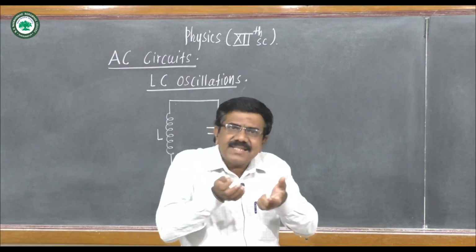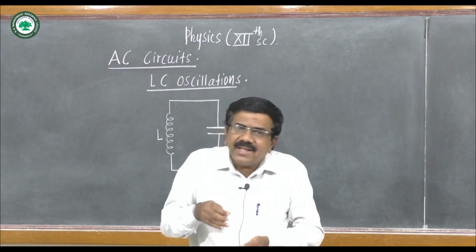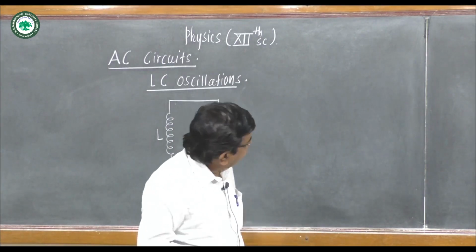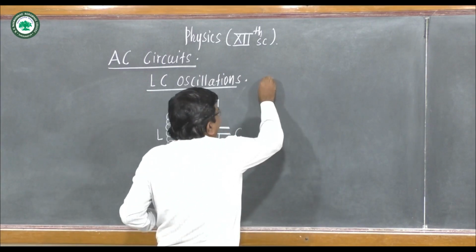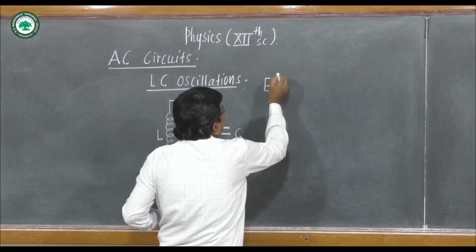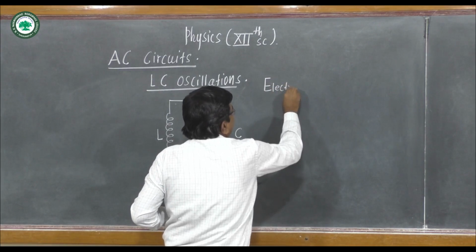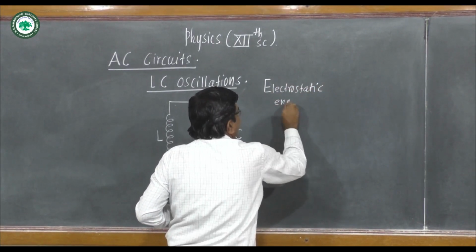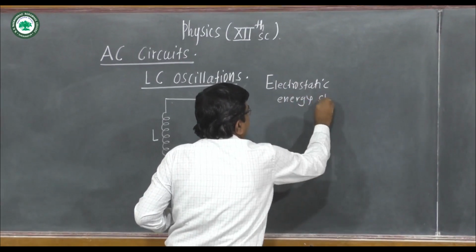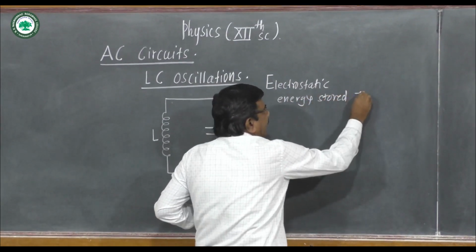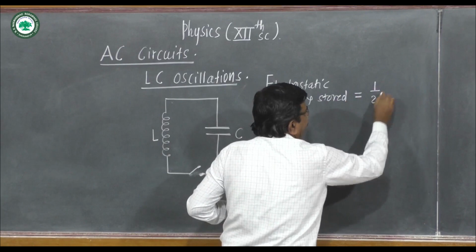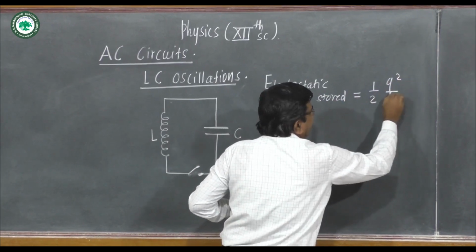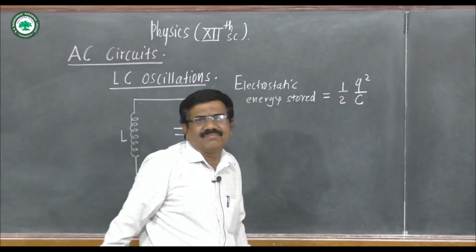When the capacitor is charged by the AC supply, electrostatic energy is stored in the capacitor, and it is 1/2 Q square upon C, where Q is the charge.